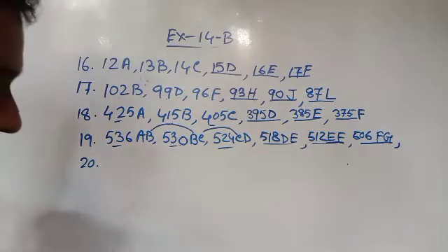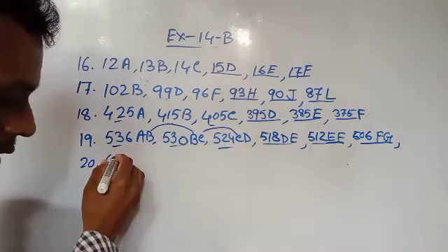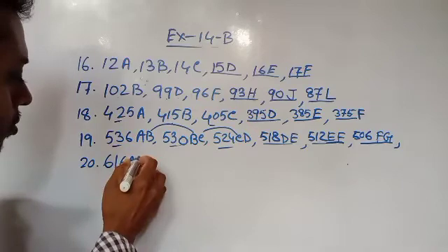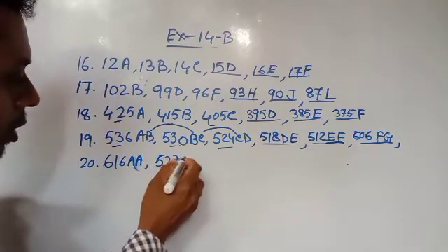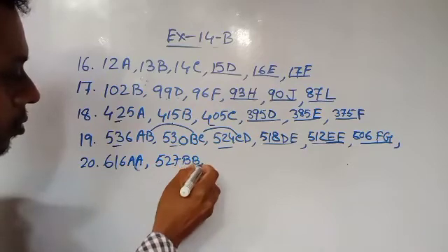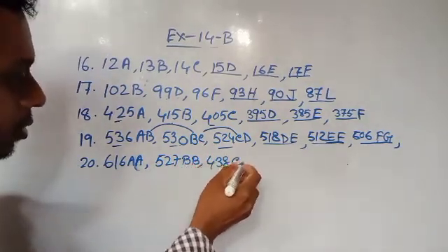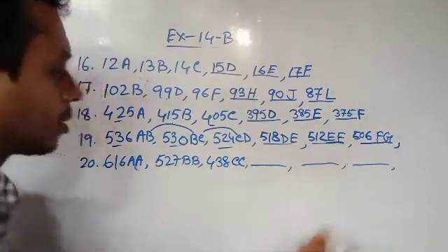Number 20. 616AA, 527BB, 438CC. Then next three terms you have to write.